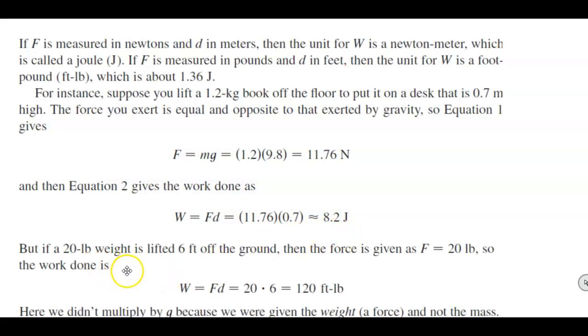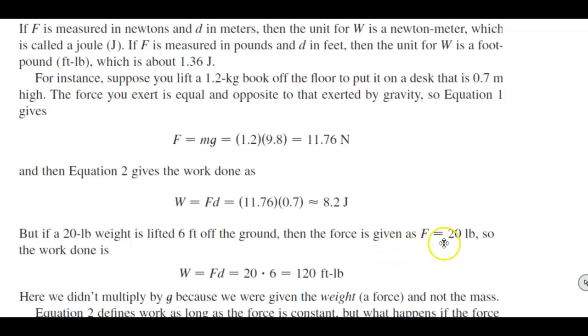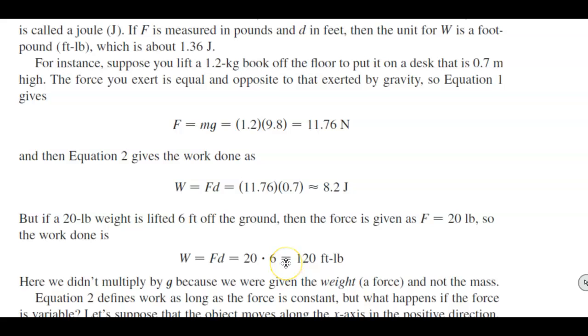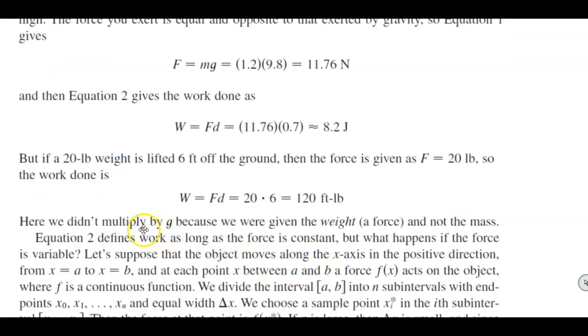But if a 20-pound weight is lifted 6 feet off the ground, then the force is 20 pounds, and so the work done is 20 times 6, which is 120 foot-pounds. Here, we didn't multiply by g because we were given the weight, a force, and not the mass.